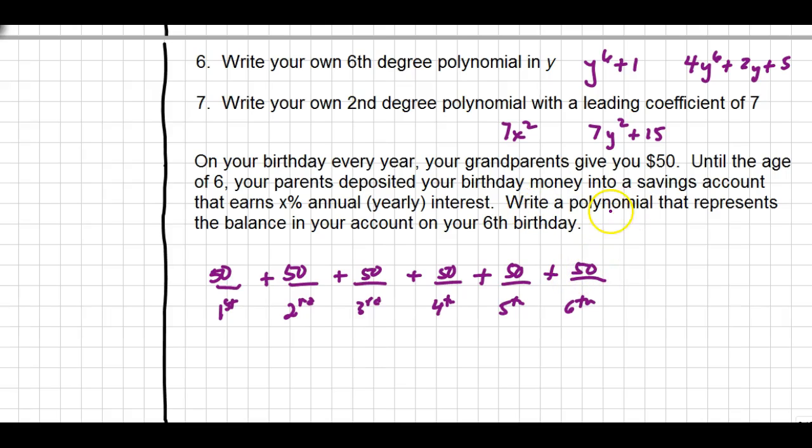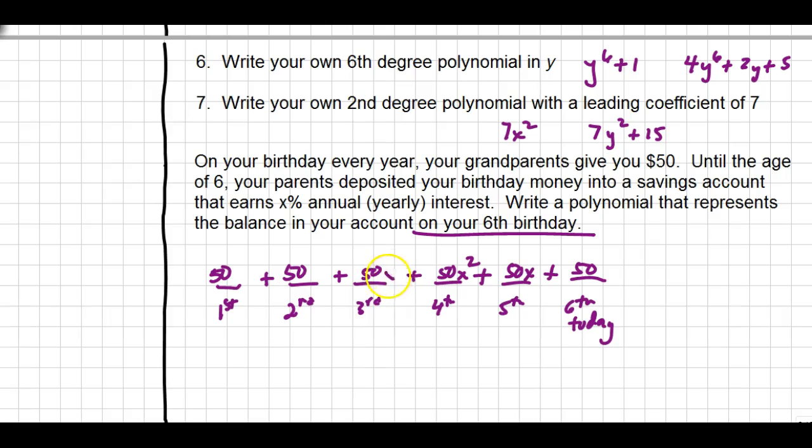Now we are writing this polynomial on the 6th birthday, so we're going to pretend that that money is being deposited today. So that means the money that you got on your 5th birthday has been there a year, earning 1 year's worth of interest. The money that you got when you turned 4 has now been in the bank for 2 years, earning 2 years worth of interest. So we'd put x there and we'd raise it to the 2 to represent not twice as much interest, but 2 years worth of interest.